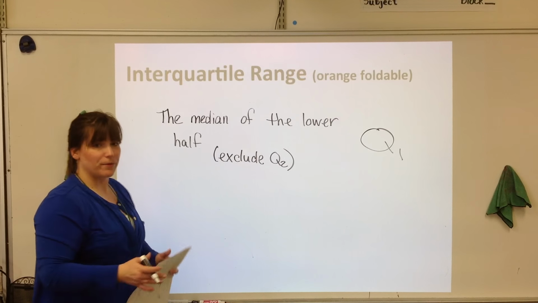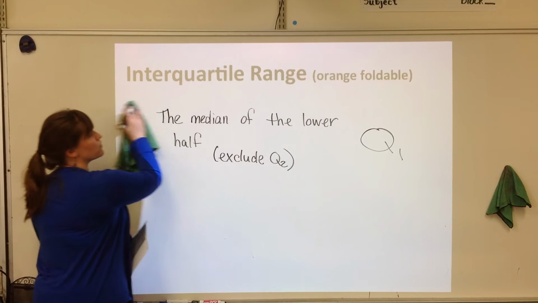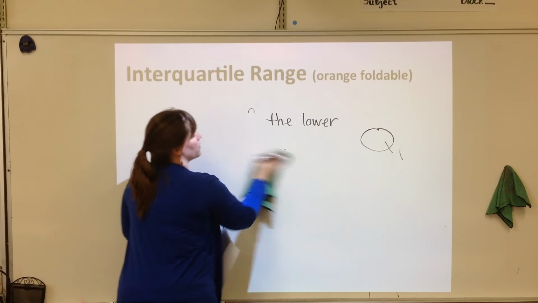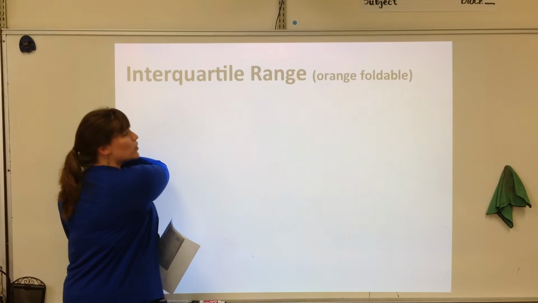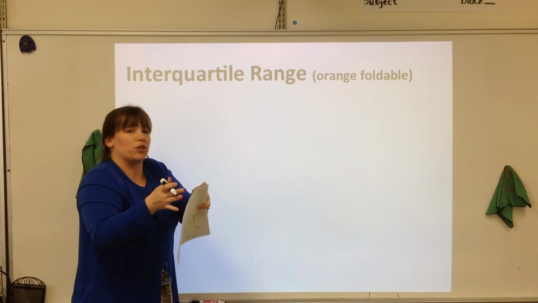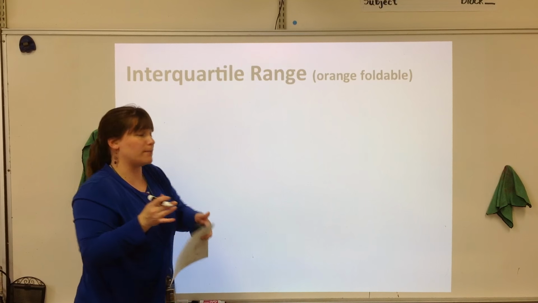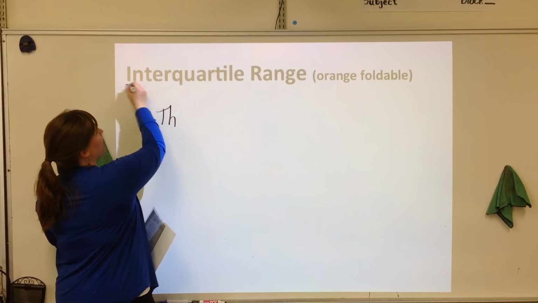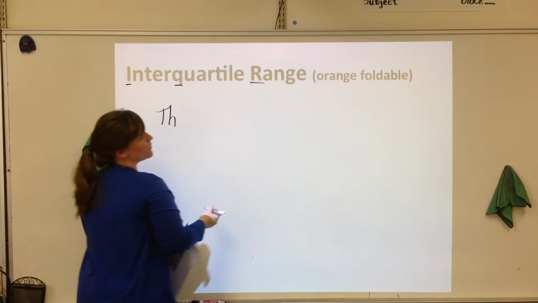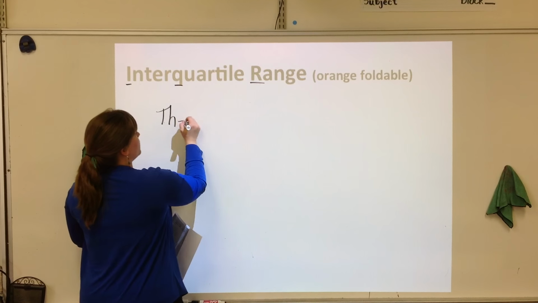And the last vocabulary word that's new is called the interquartile range. So after you have 4 sections, really the one that we're most interested in is those two that are closest to the median. So the interquartile range, we also call it the IQR. So you might want to jot that down too.